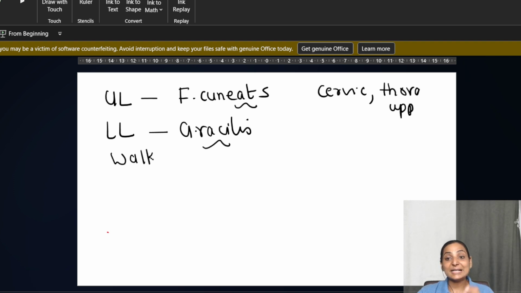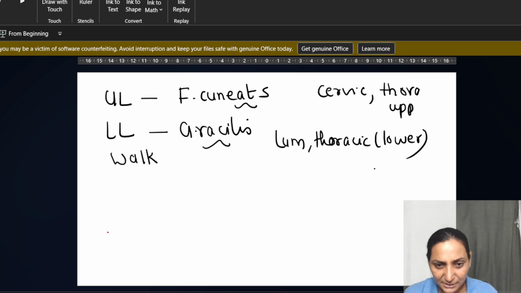We walk gracefully. So lower limb, fasciculus gracilis, that is mainly your lumbar and your lower thoracic fibers. Okay, fasciculus cuneatus from the upper limb and gracilis from the lower limb. Very clear, because this comes as an MCQ also.